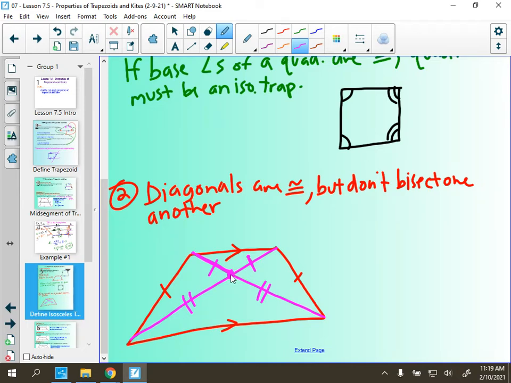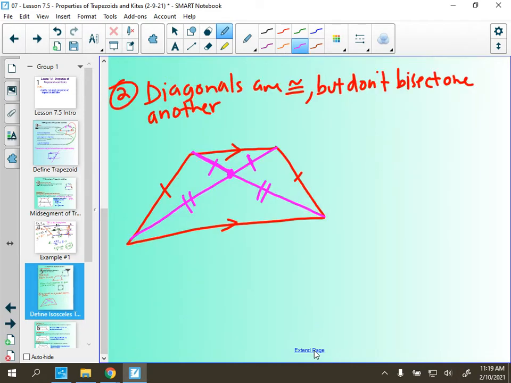Okay. And it turns out that's actually another way to show that a quadrilateral would be an isosceles trapezoid. So let's say it like this.